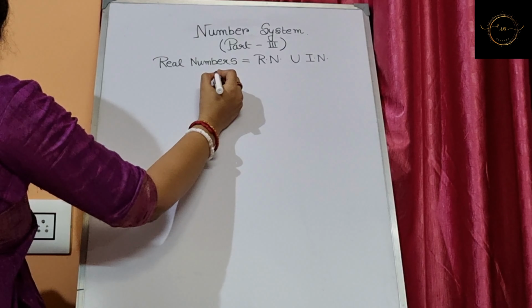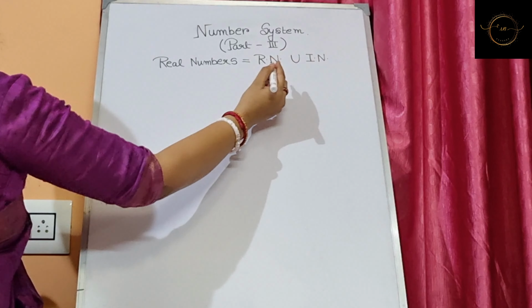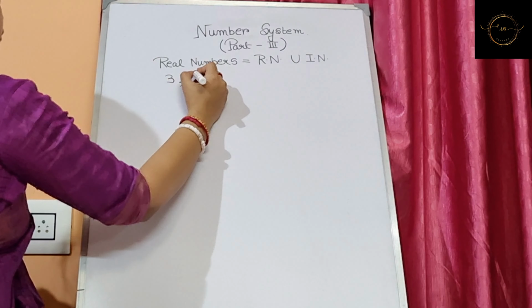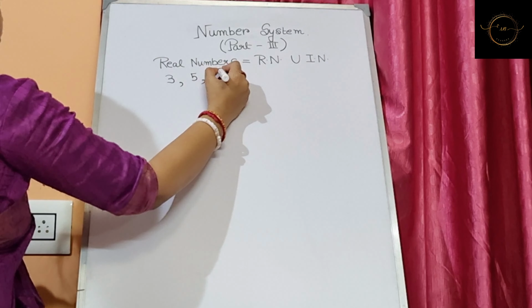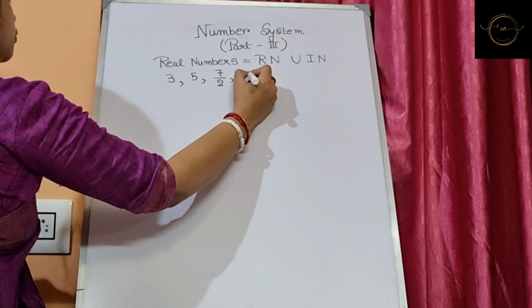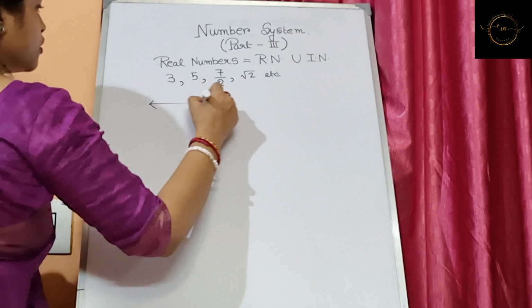So the real numbers are the union of rational numbers and irrational numbers. If we want to plot the numbers 3, 5, and randomly 7/2, √2, etc. on the number line, how will it look?